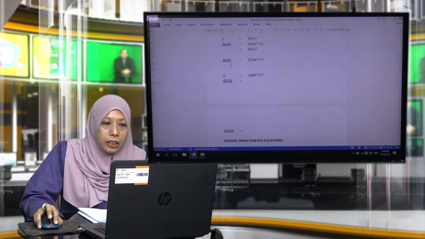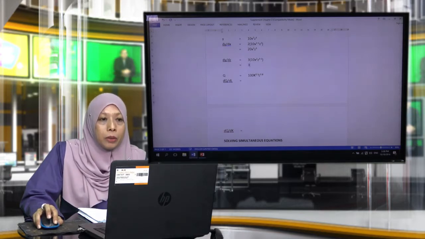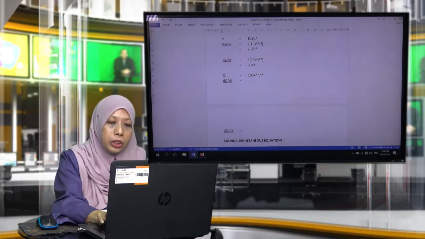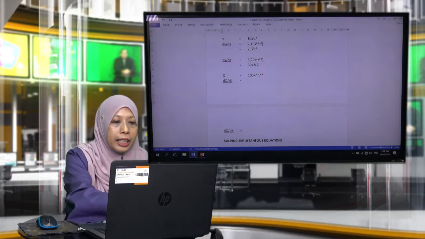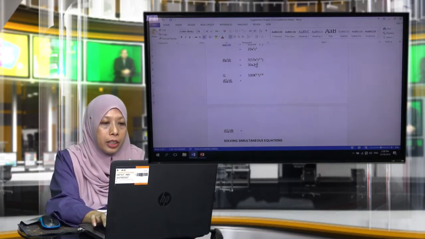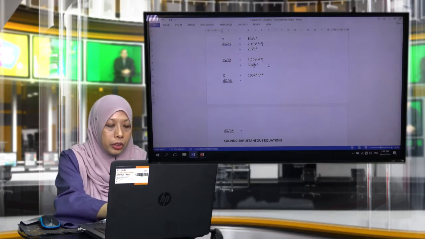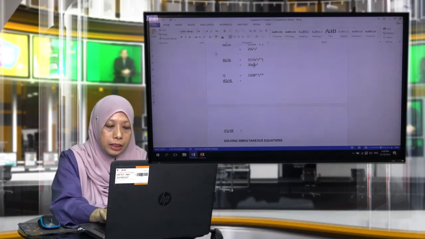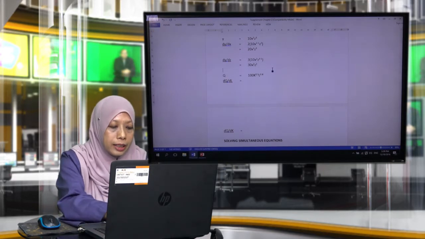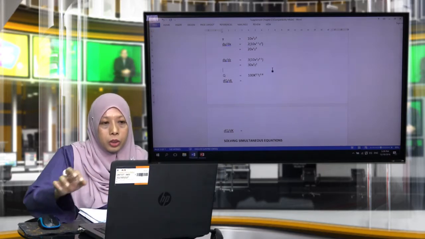Write down the original function, 10x squared multiplied by z to the power of 3. And the third step is you need to reduce the exponent for z by 1 unit. So at the end of the day, you're going to get 3 times 10, which is 30, x to the power of 2, and z to the power of 2.